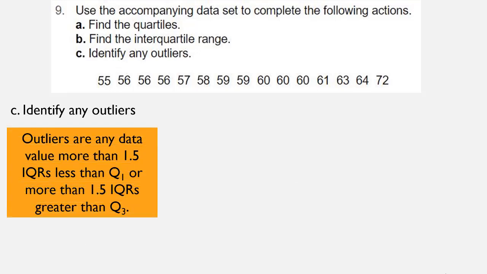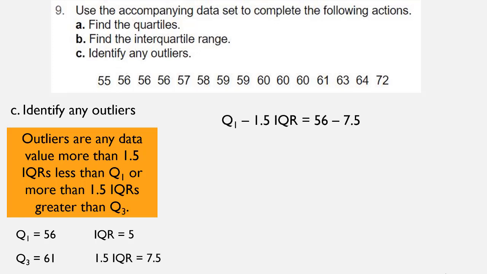So outliers are any data value that falls more than 1.5 IQRs less than Q1 or more than 1.5 IQRs greater than Q3. So remember that Q1 was 56, Q3 was 61, the IQR was 5, and we have to compute 1.5 times the IQR, which will be 7.5.